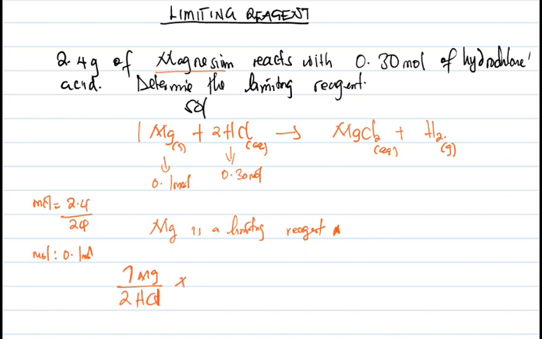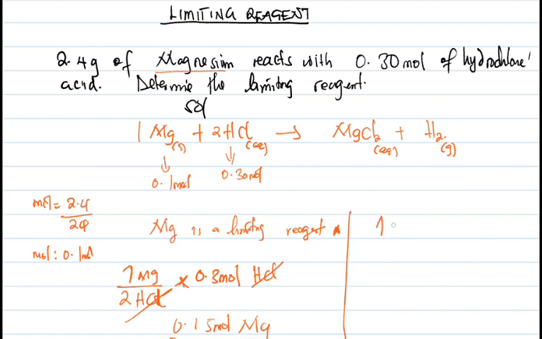Then we multiply by the one that we need to cancel. We have 0.3 for hydrochloric acid. So we'll be able to cancel like that, and we make that 0.3 multiplied by 0.5. And we're going to get 0.15 moles of magnesium.